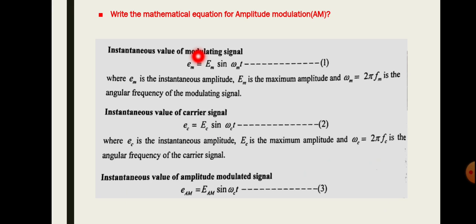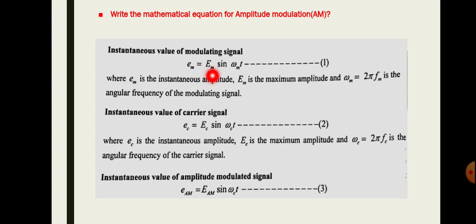So we can write the instantaneous value of the modulating signal as em equal to maximum amplitude EM into sin omega m t, where omega m is the angular frequency and it has an equation 2 pi into Fm, where Fm is the frequency of the sine wave and em is the instantaneous amplitude of the modulating signal.